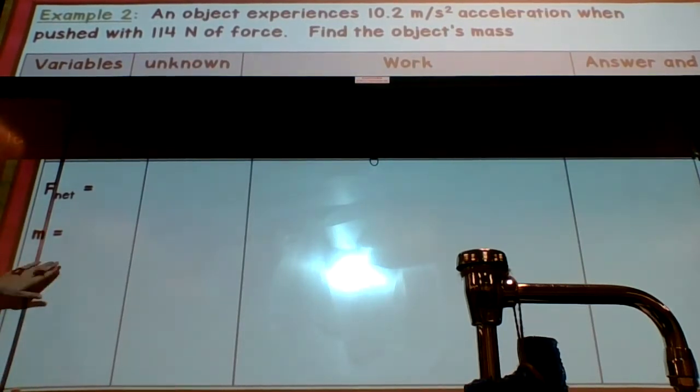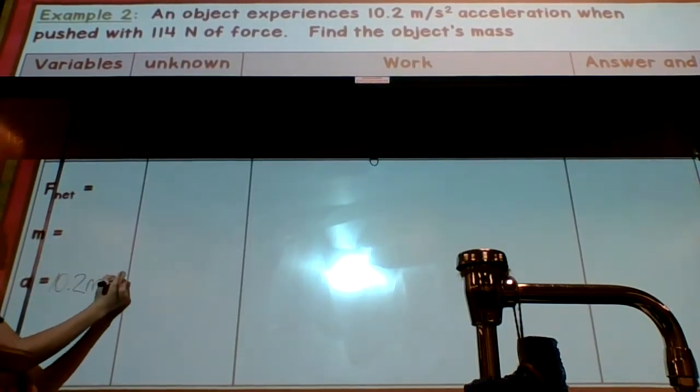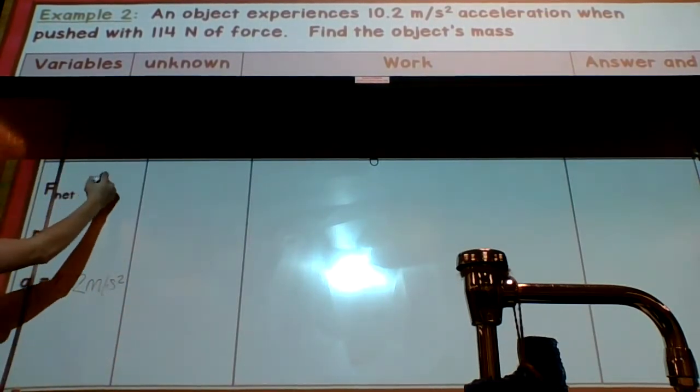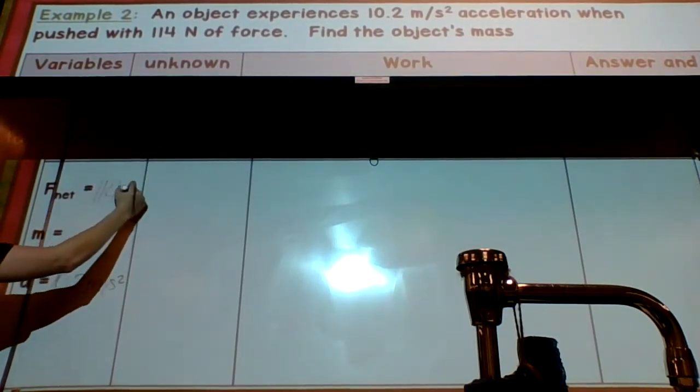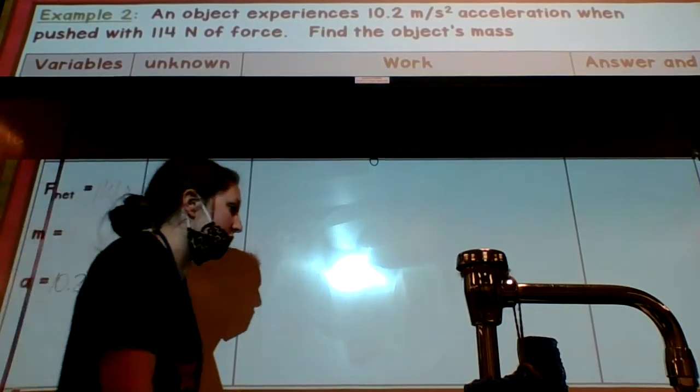It's acceleration, 10.2 meters per second squared. What about 114 newtons? Force. Newtons is always going to be force. So I have 114 newtons there.